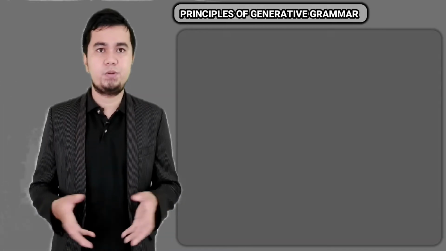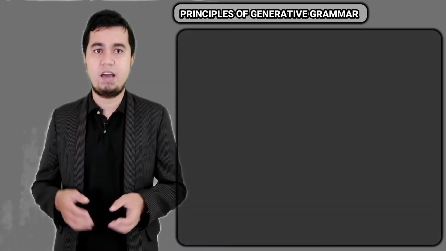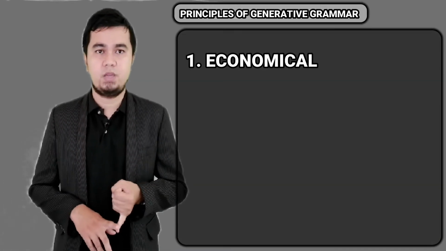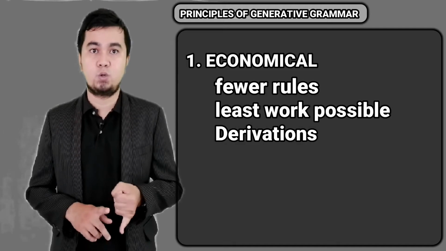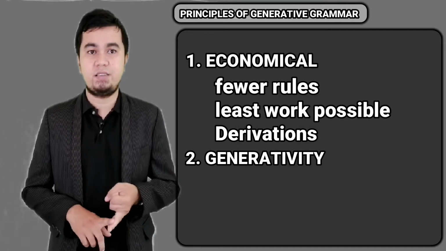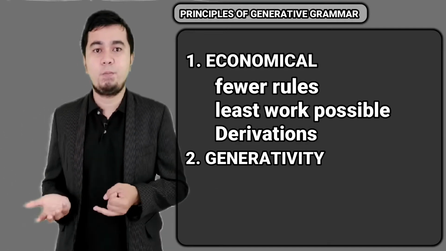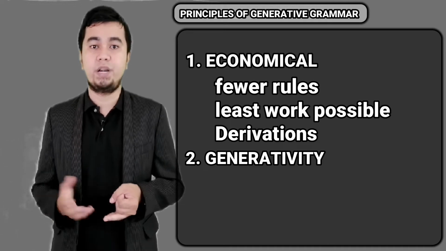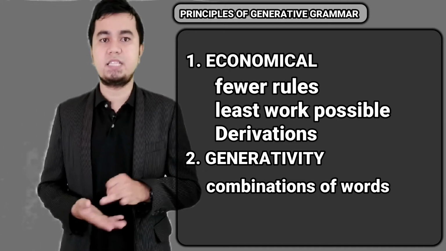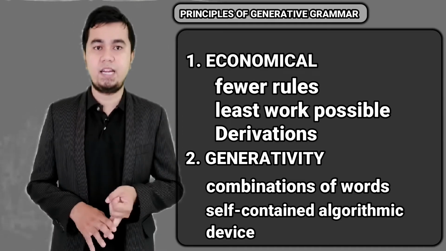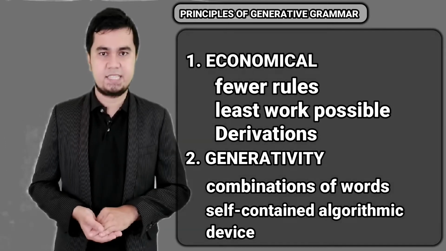Now we have the principles of generative grammar. We have economy, because it uses fewer rules. Next, we have generativity, because it combines the words, and the grammar is seen as a self-contained algorithmic device.